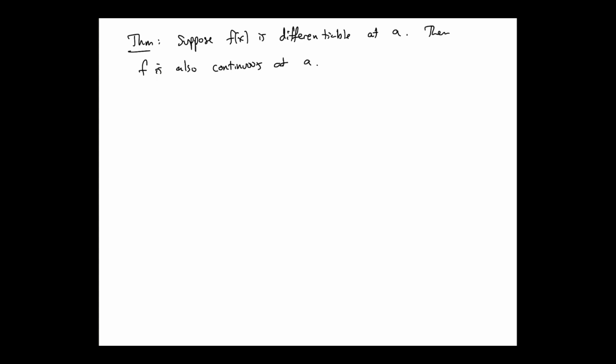Okay. In order to prove this, I need to make one slight redefinition of what the derivative is defined to be. Okay, so this is another way to define the derivative at a point.